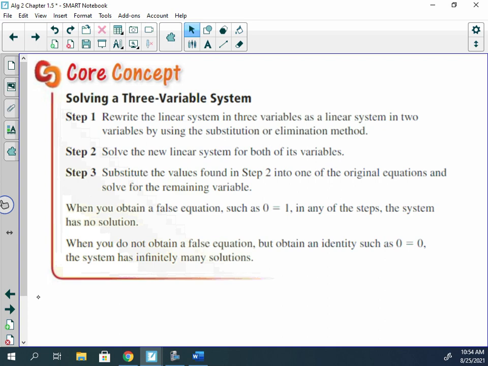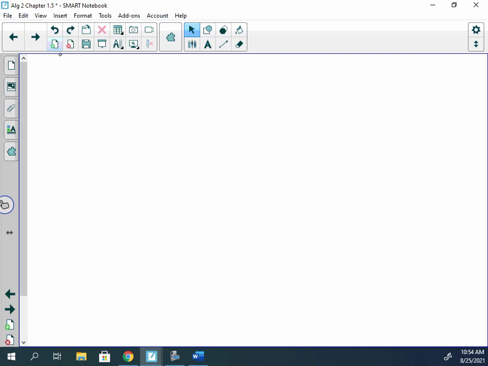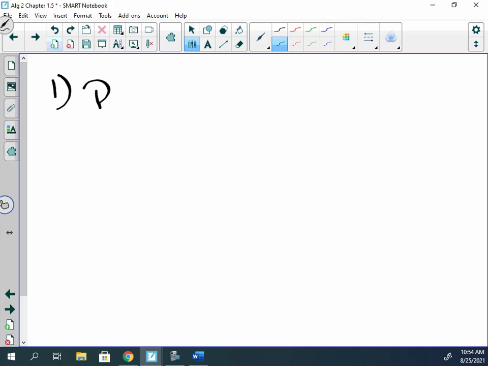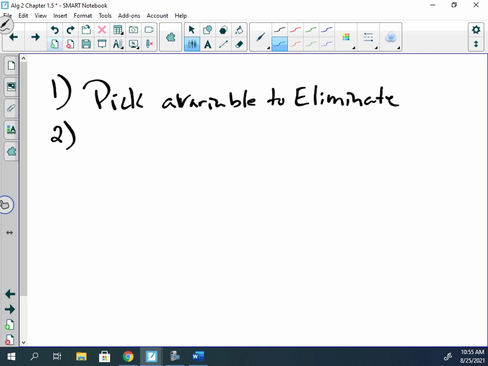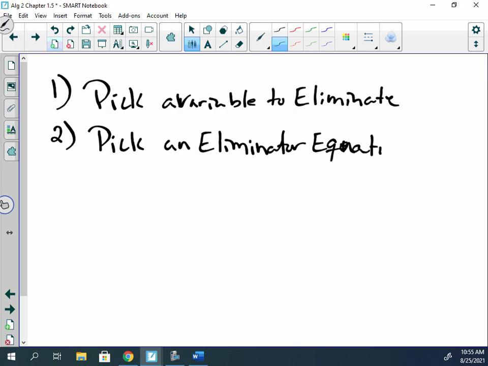Now, let's do it a little bit differently. Step 1: we're going to pick a variable to eliminate. Step 2: we're going to pick an equation.